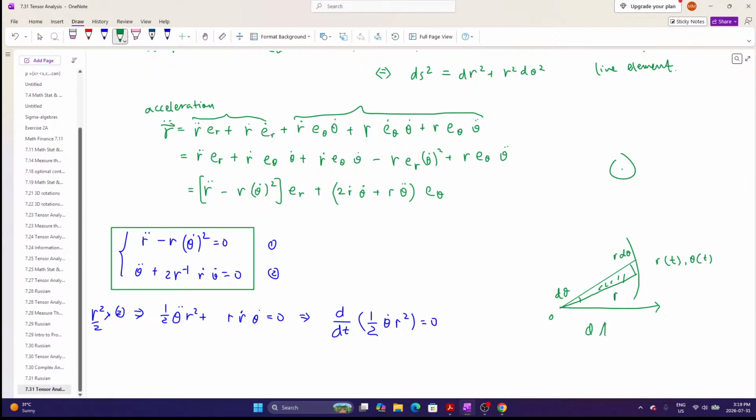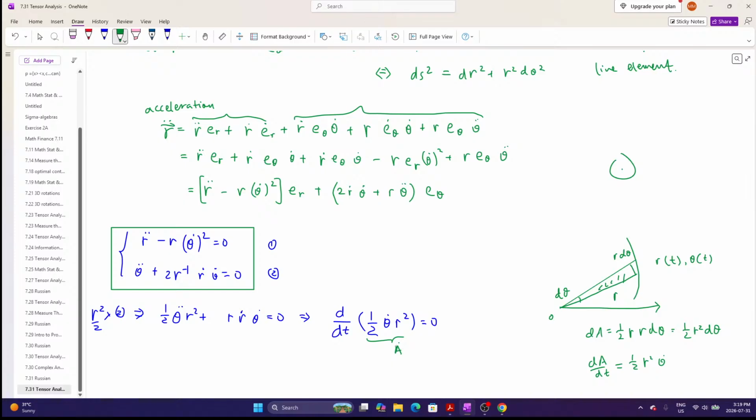dA is half r times r d theta, which is half r squared d theta. So dA over dt, the area speed, would just be half r squared theta dot. This is exactly the same as the earlier expression.